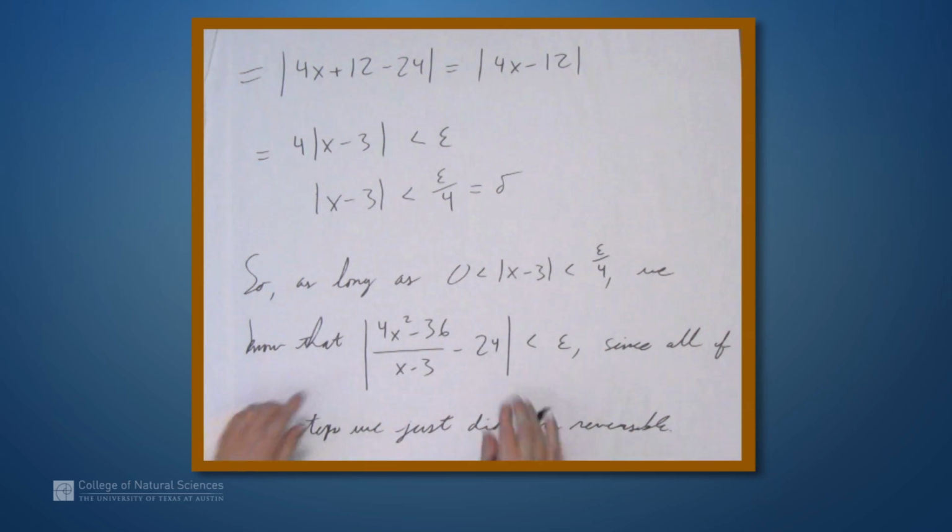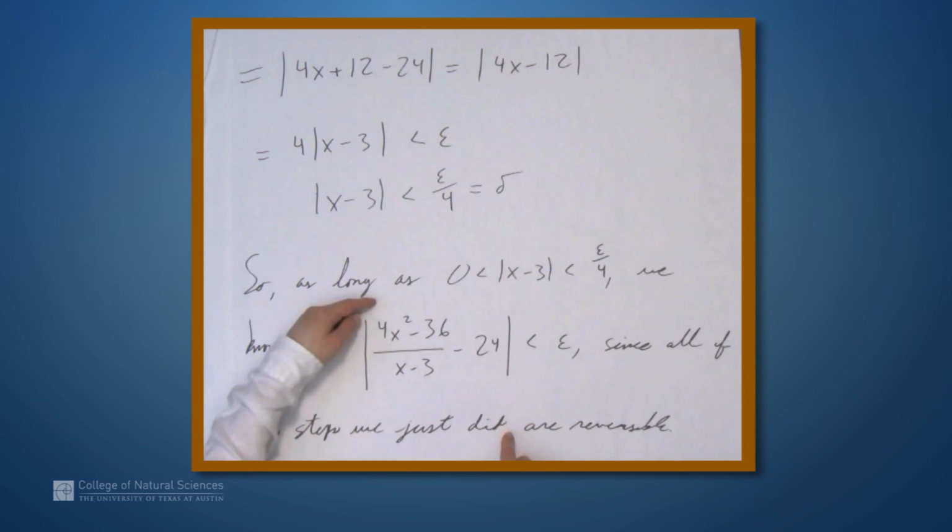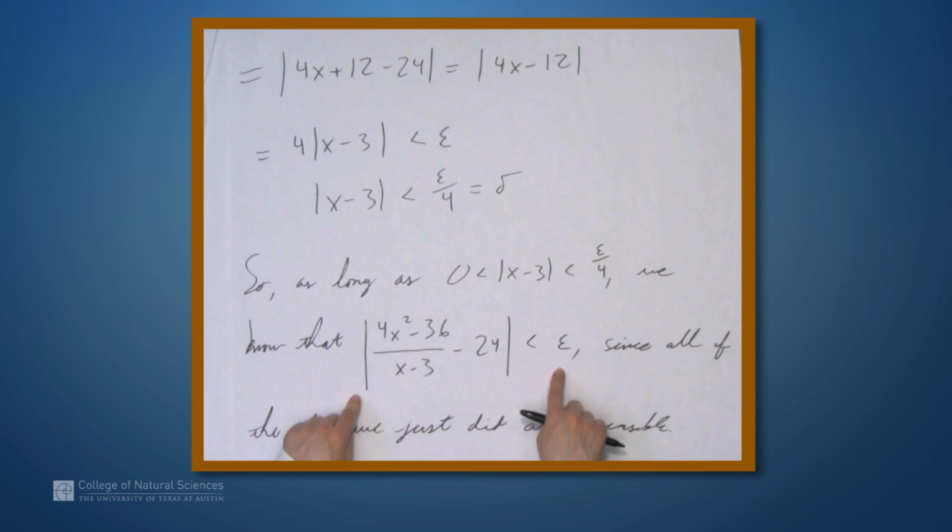And since they're reversible, we can start with delta being epsilon over 4 and then work our way backwards to this expression, which, if you remember, was the one we started with. And that's how you find the limit by definition.